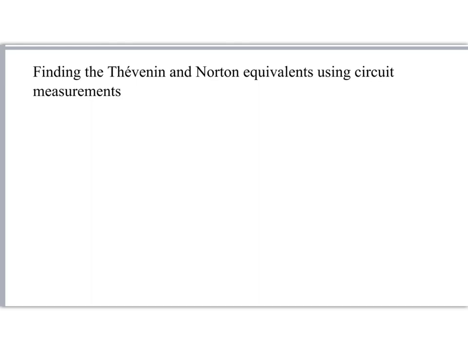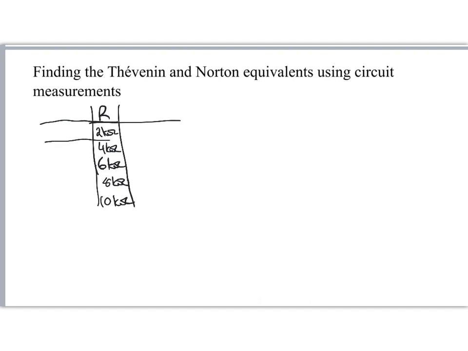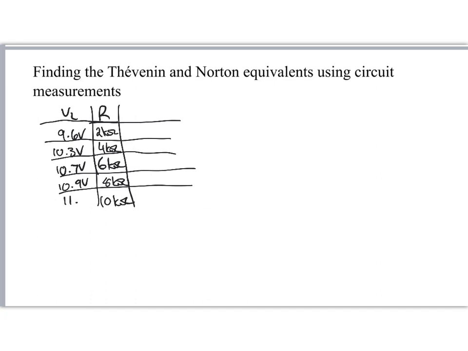So let's say we use resistors that we know the value of: 2 kilo ohms, 4 kilo ohms, 6 kilo ohms, 8 kilo ohms, and 10 kilo ohms, and we measure the voltage drop across that load resistor, and the voltage drop turns out to be 9.6 volts, 10.3 volts, 10.7 volts, 10.9 volts, and 11.1 volts.